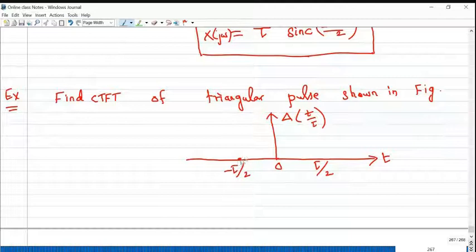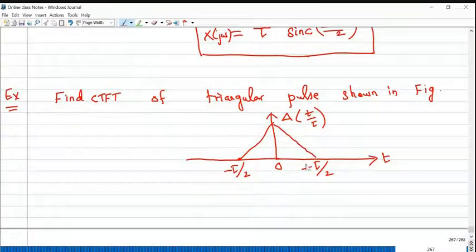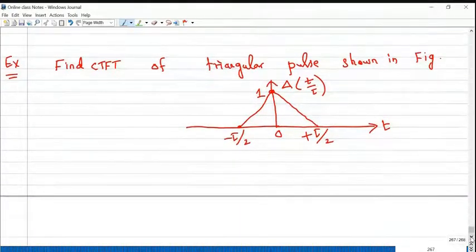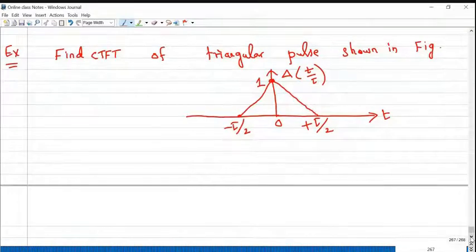From minus tau by 2 to 0, increasing slope. From 0 to plus tau by 2, decreasing slope. At this point, the magnitude is 1. So this is a standard format for a triangular pulse.